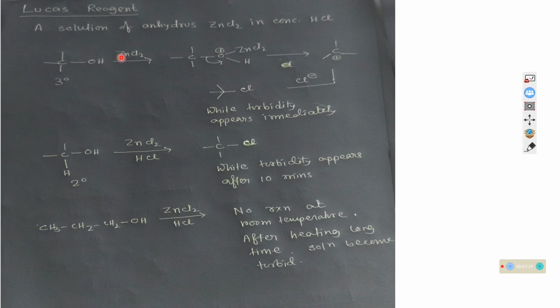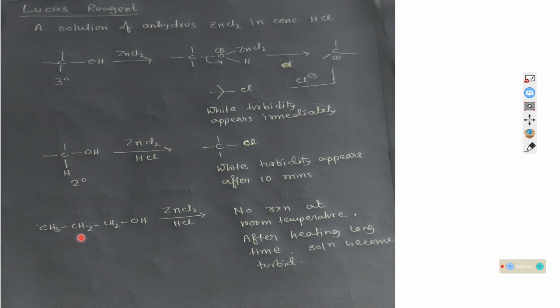A 3 degree carbocation easily forms, and immediately white turbidity appears. In the 2 degree case, the carbocation is less stable than 3 degree, so white turbidity appears within 5 or 10 minutes.